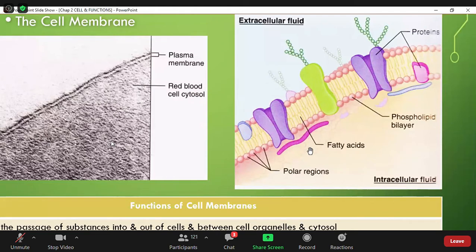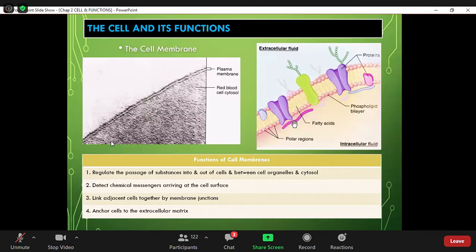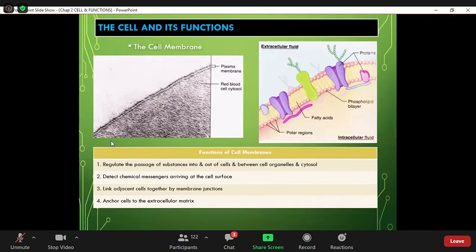The peripheral proteins are found inside, and the integral proteins are the ones that traverse the cell wall. Your cell wall is a lipid bilayer. This is the lipid, the phospholipid, cholesterol, and triglycerides.